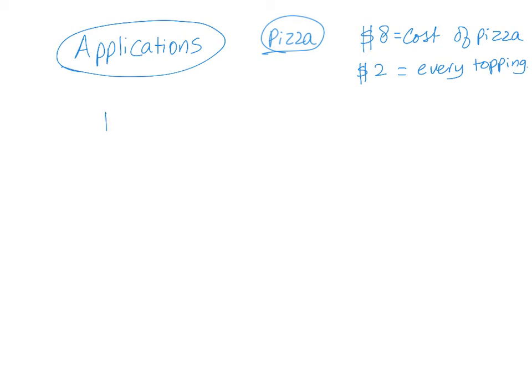So what would your total cost be? Now some people can just choose the pizza, so then that would be $8. But what if someone adds one topping? Plus 2, this is with one topping, right? So he ends up paying $10.